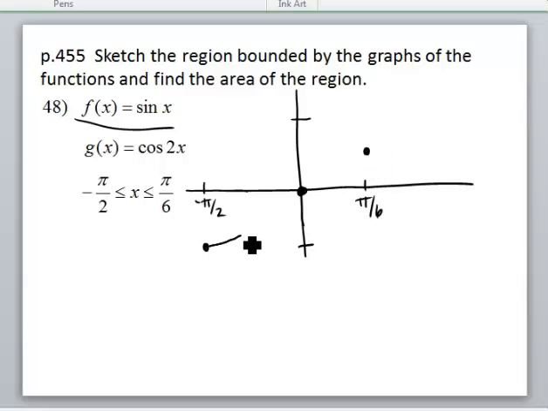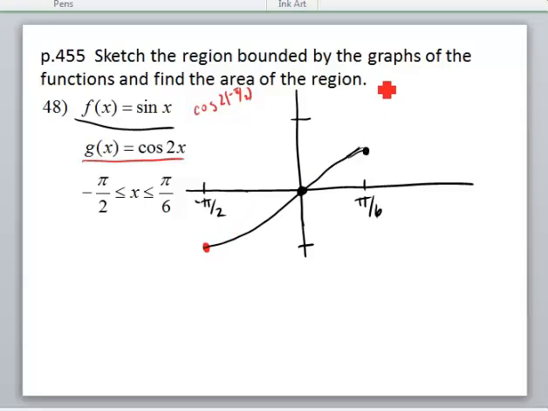So we know that a sine function is slightly curved. So it looks something along those lines. And then the cosine of 2x, we really would be looking at what is the cosine of 2 times negative pi over 2, which would be the cosine of negative pi. The cosine of negative pi would be negative 1 also.